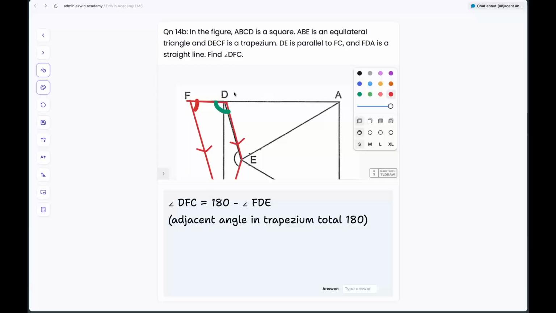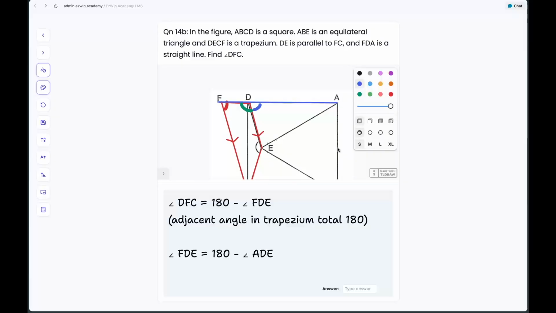So how do we get angle FDE? Since FDA is a straight line, angle FDE is equal to 180 minus angle ADE, which I'm going to highlight in blue. So how do we get angle ADE?